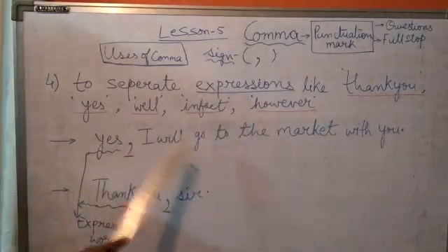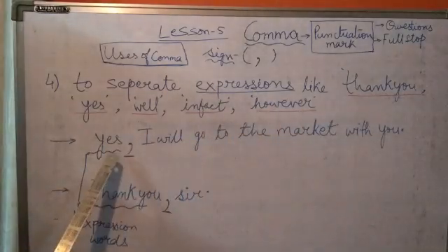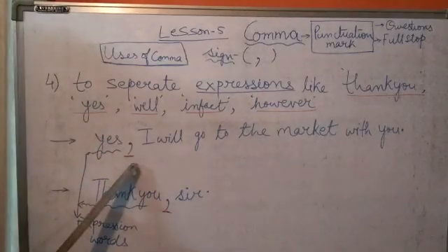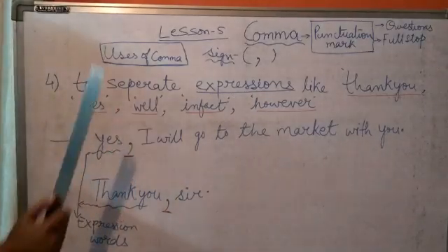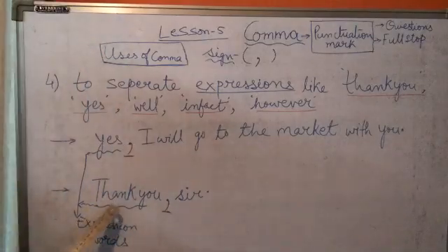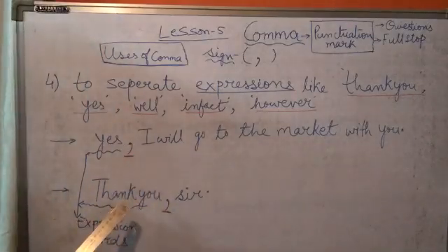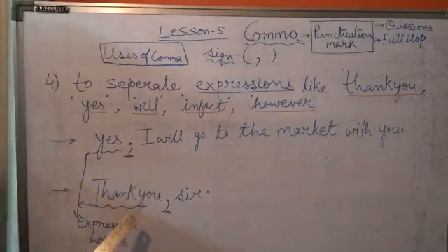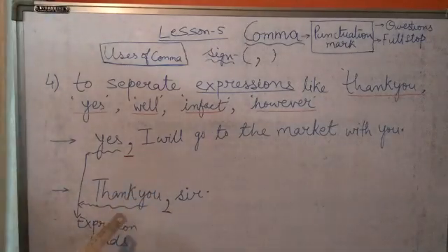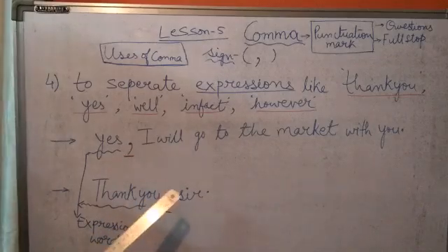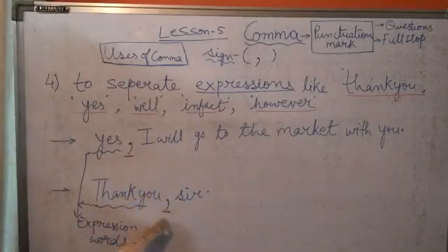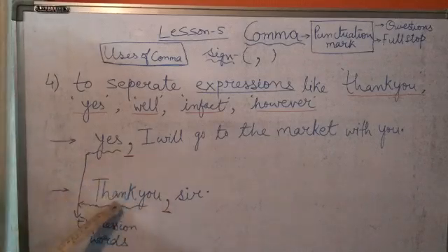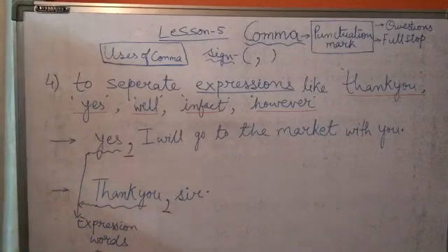You are answering this sentence by saying your expression yes. So, after yes, I have put comma according to the rule. The next one is thank you, sir. Whenever we say thank you to anybody, while writing that sentence or that word, we are using comma. So, after thank you, I have put comma because yes and thank you are expression words.